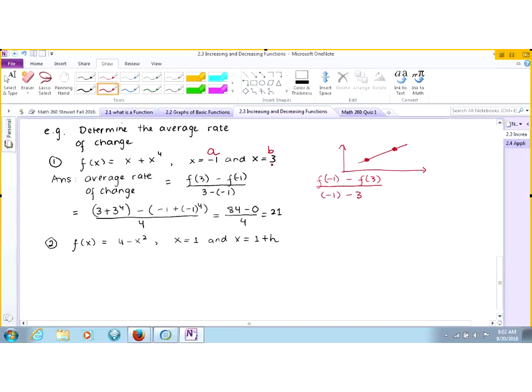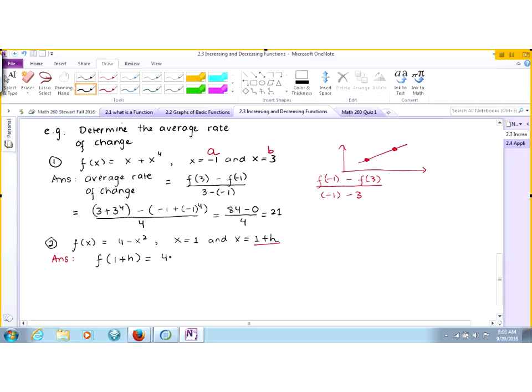Okay, so now what am I going to do with my number 2? Well, in this case, this is 1 plus h. This is a binomial, and then I have to square it. So we probably want to calculate this first. f of x we know, f of 1 we know, but f of 1 plus h, we probably want to calculate it first, just because this is a binomial.